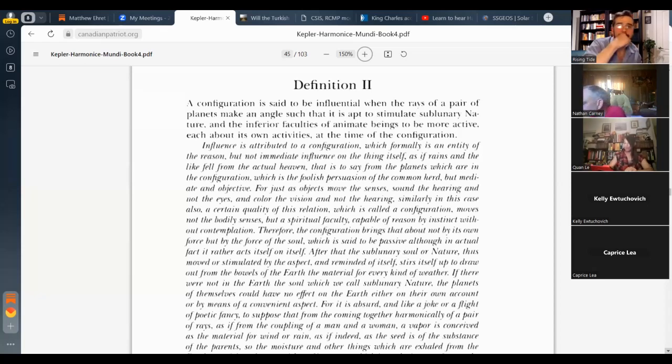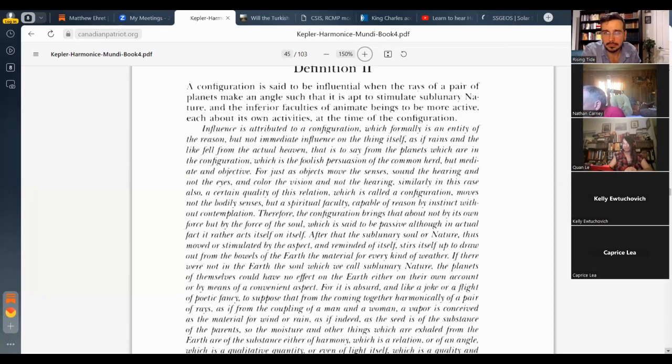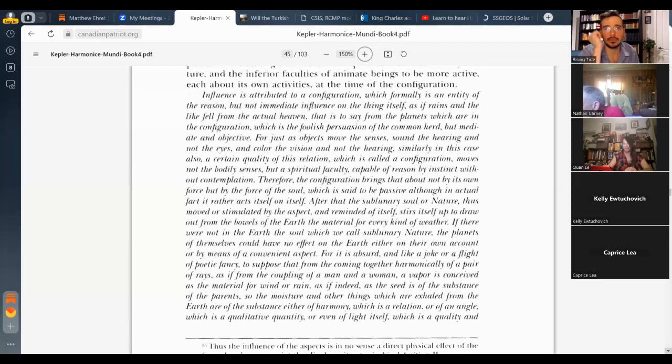Influence is attributed to a configuration, which formally is an entity of the reason, but not immediate influence on the thing itself, as if rains and the like fell from the actual heaven, that is to say, from the planets which are in the configuration, which is the foolish persuasion of the common herd, but mediate and objective.